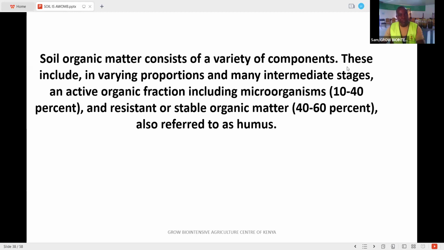It consists of components. These include a varying proportion and many intermediate stages, an active fraction including microorganisms, which is 10 to 40% of the total soil sample, and resistant or stable organic matter, which is 40 again to 60%, and which is now humus. 40 to 60% of the total is humus.